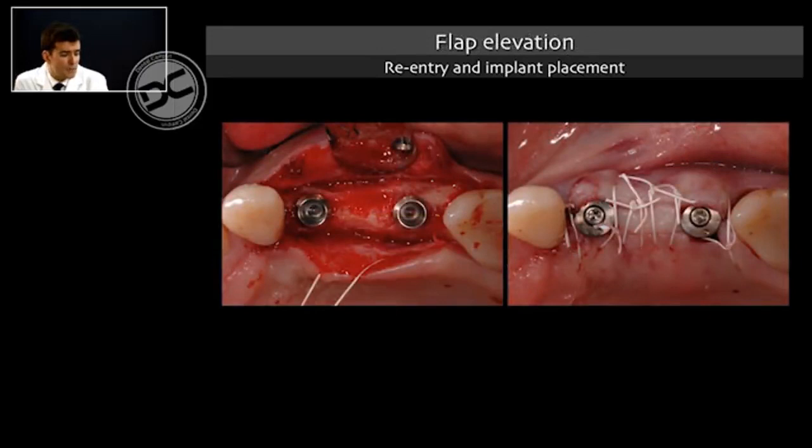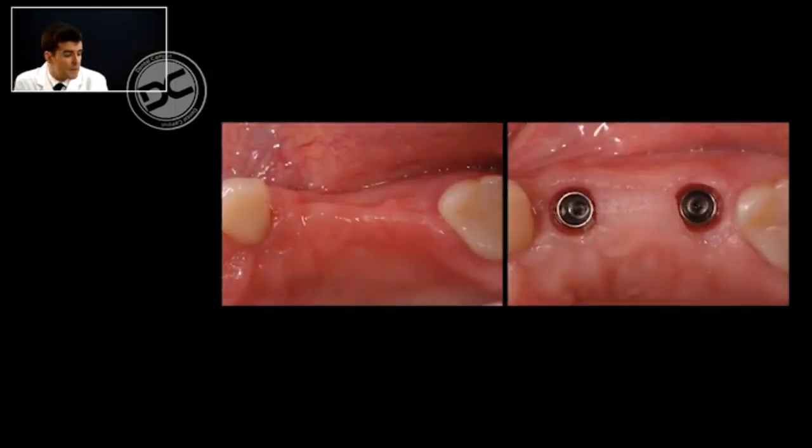Both implants were placed without need to perform additional bone regeneration procedure, and a minor free gingival graft was placed in the inter-implant region, position 2-5. And here we see the initial situation and the situation approximately 1 year after the start of the treatment.